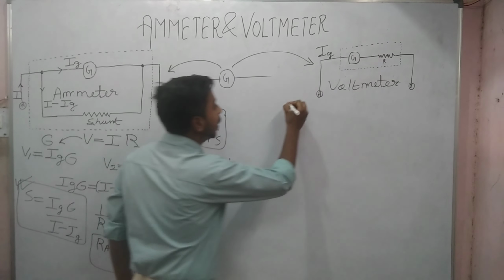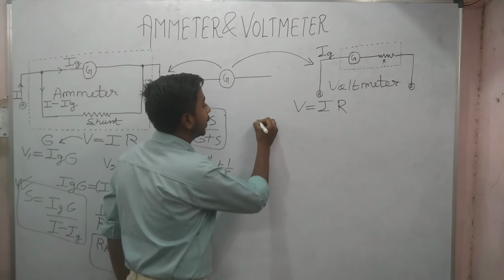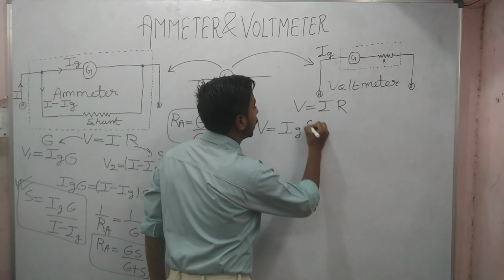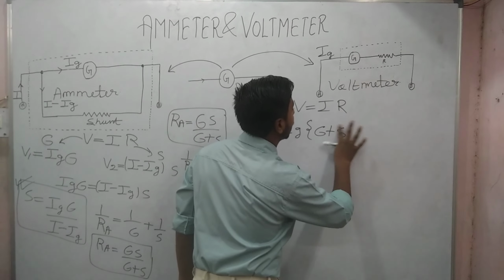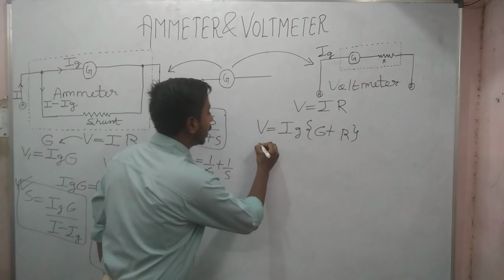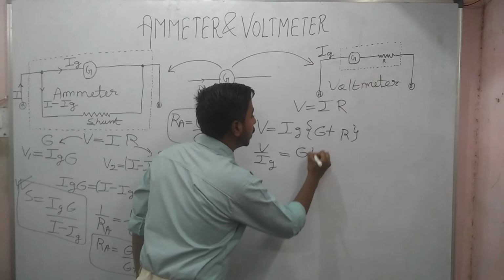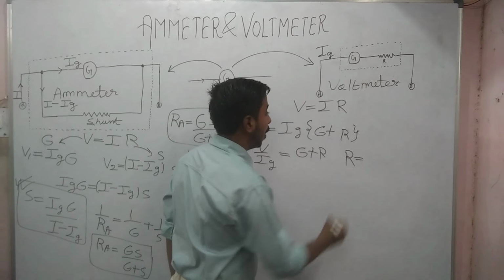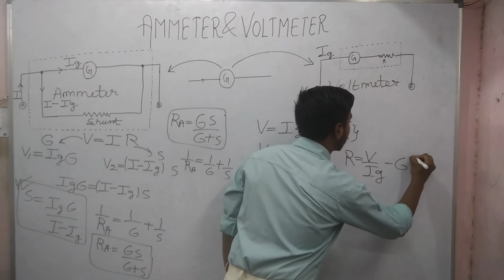So here we will apply just V is equal to IR, and that V will be equal to Ig into G plus R, and we need to find the resistance R. So V upon Ig is equal to G plus R. So our R will be equal to V upon Ig minus G.